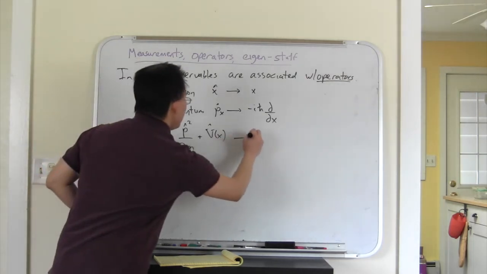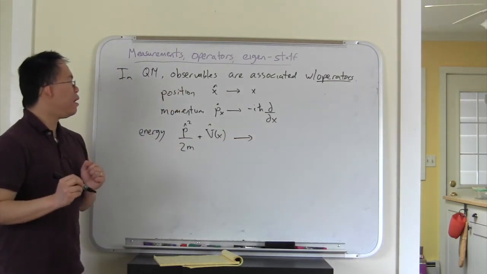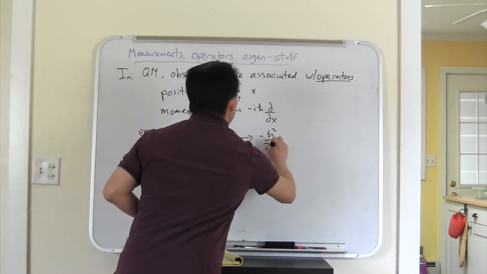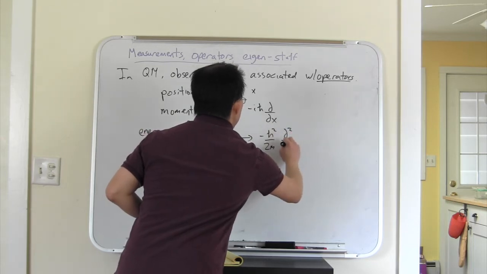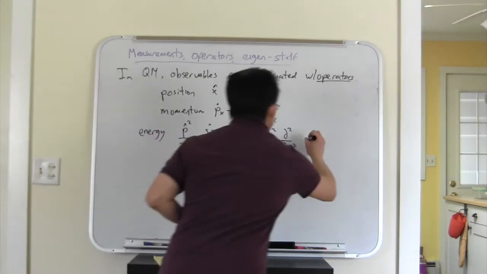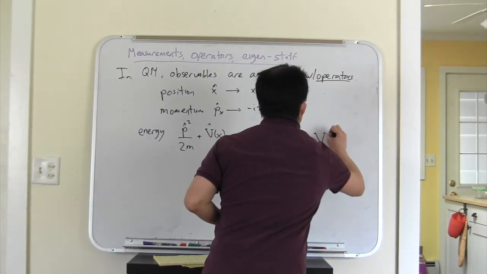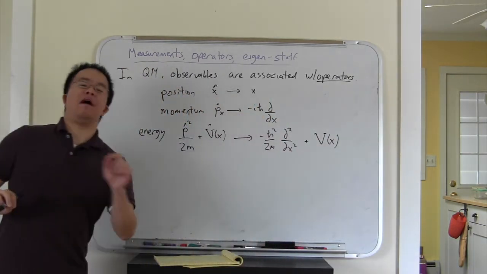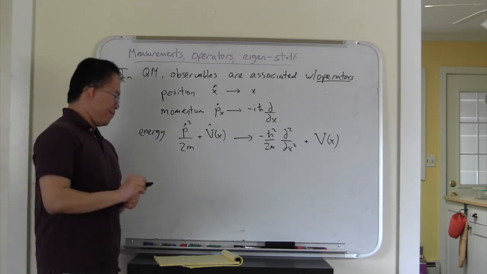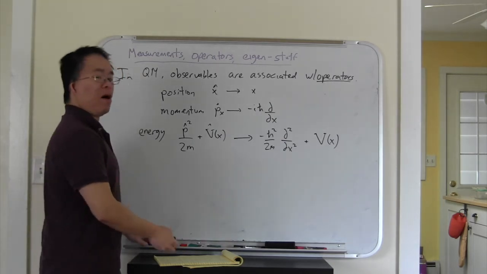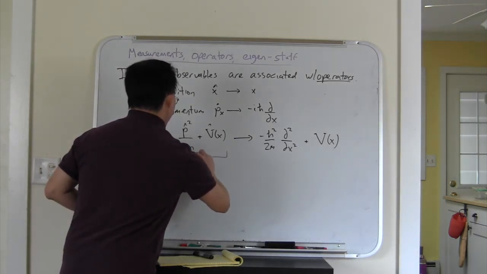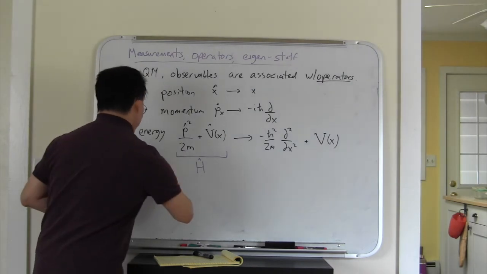And then if I express this, I have minus h bar squared over 2m times the second derivative with respect to position plus my potential energy, now as a function of x. It has a special name. This is what we call the Hamiltonian operator, and we give it an h hat.